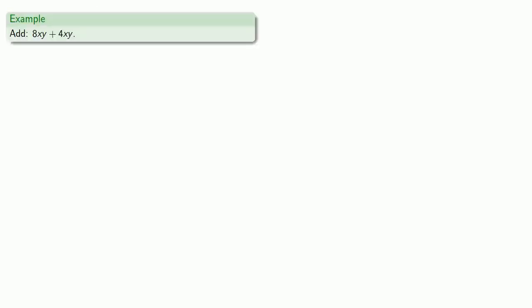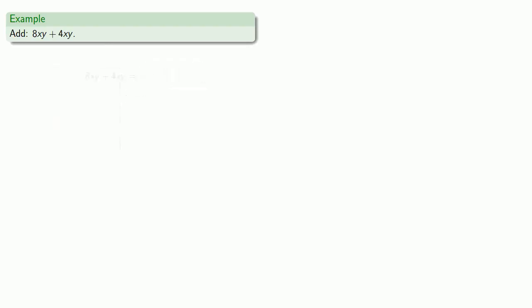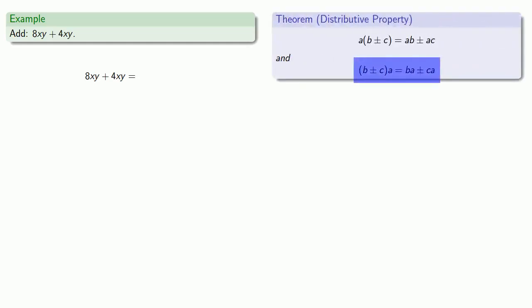So for example, 8xy plus 4xy. Quick check, they both have the same variables x and y, and they're raised to the same powers, both 1. So 8 times xy plus 4 times xy, my distributive property says that I can split off the xy and leave the other terms inside the parentheses, 8 plus 4.